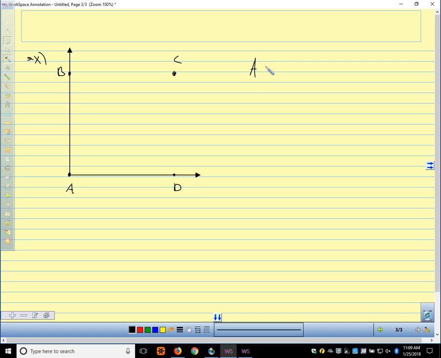I'm going to say ABCD is a rectangle. So let me draw in my sides there. Make those lines a little thicker. So there's ABCD.